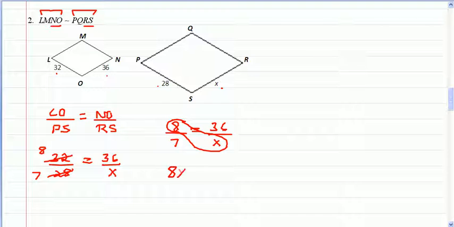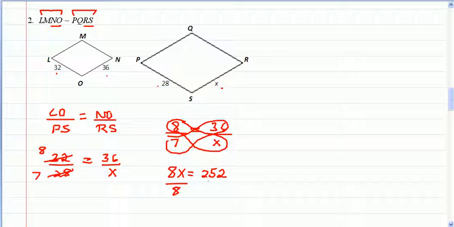Starting with the diagonal that has the variable, and then 7 times 36, and then I divide both sides by 8.